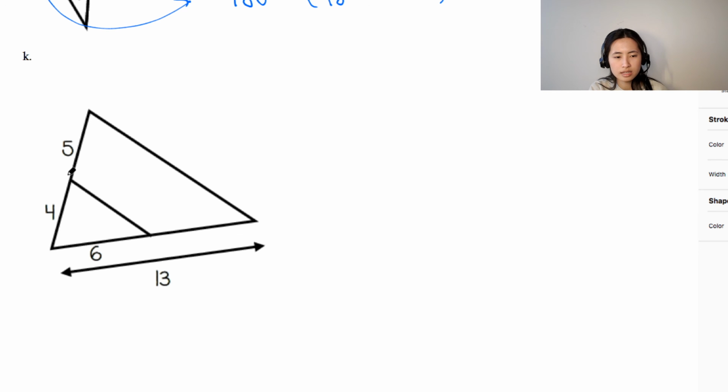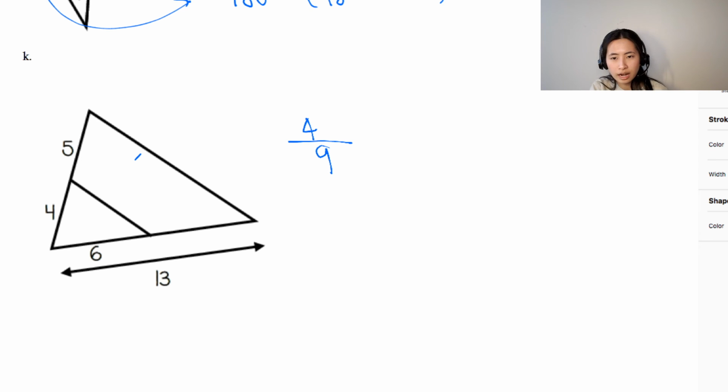Does that make sense? Okay, so interestingly, they're not telling you what this is, but that's okay, because really all we have to care about is the dimensions of the smaller triangle. So in this case, you're comparing 4 with the larger triangle, which is 9, because it's 4 plus 5, and that's 9.